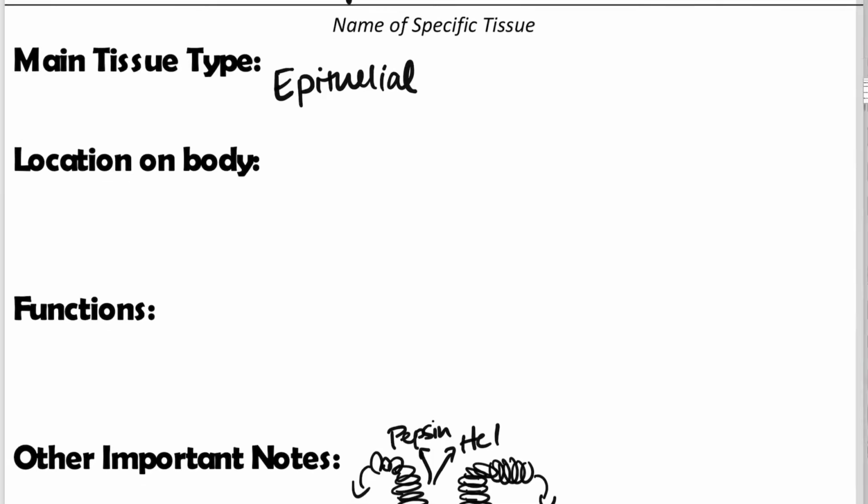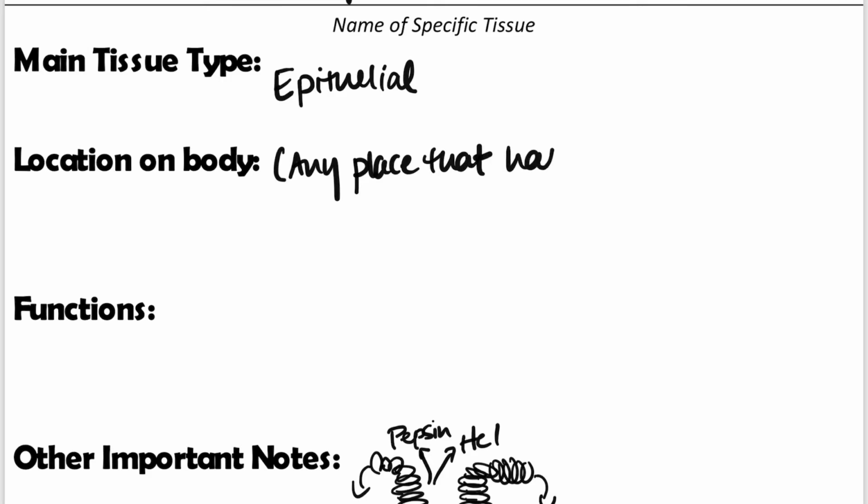And on the body, it's really found, like I said, in any place where you're going to have mucus. So if you think about your nose, snot is mucus. So I'm going to write that in parentheses first. Any place that has a mucous membrane.